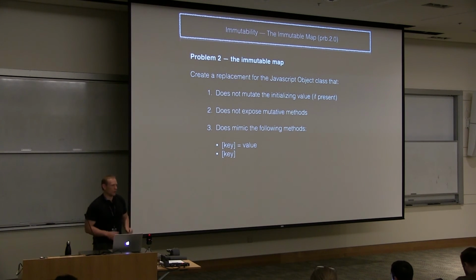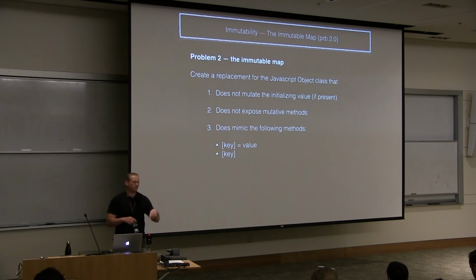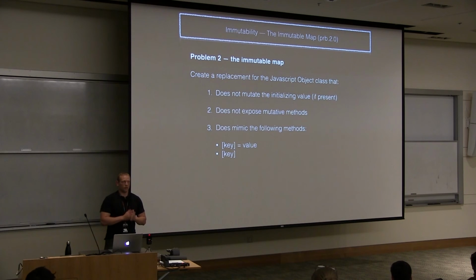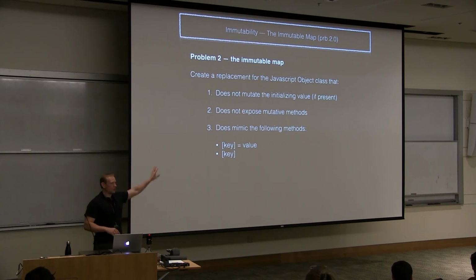But before we do that, I also want to work you guys through an immutable map. We've done it with one of the fundamental data types in JavaScript. That's the array. What's the other fundamental data type? It's the object, JavaScript object. So we can do exactly the same thing that we just did with a list with an object. We're going to change the name up a little bit, though. We're going to call it a map.